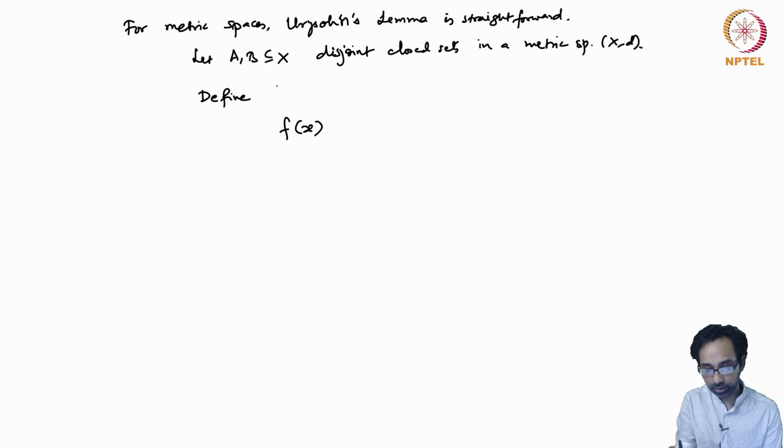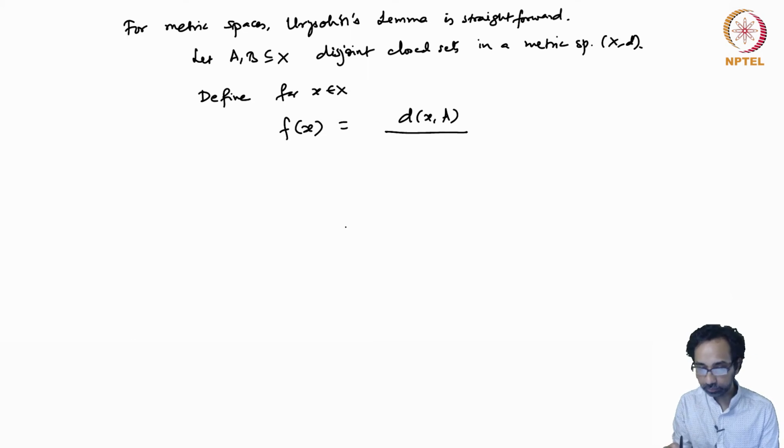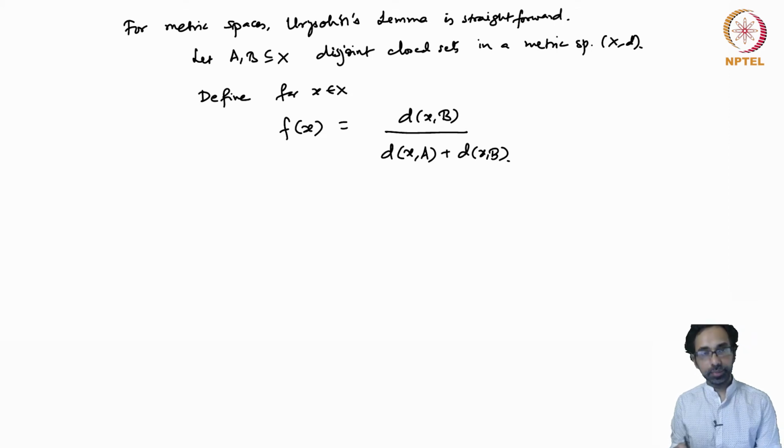So for x in X, f(x) is equal to the distance between x and B, divided by the sum of the distances between x and A and x and B. And I claim that this is a continuous function.